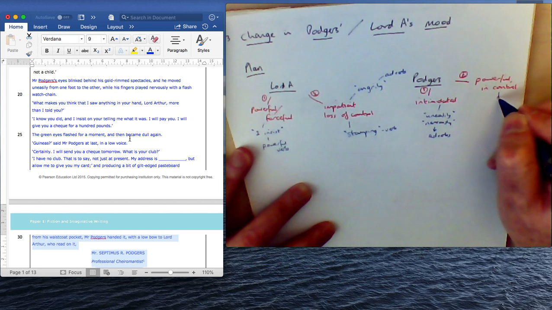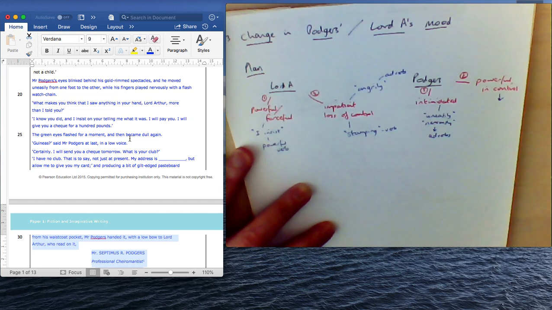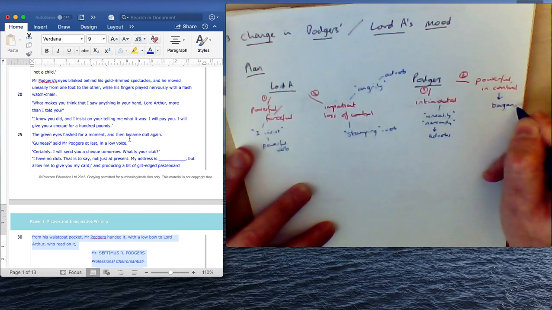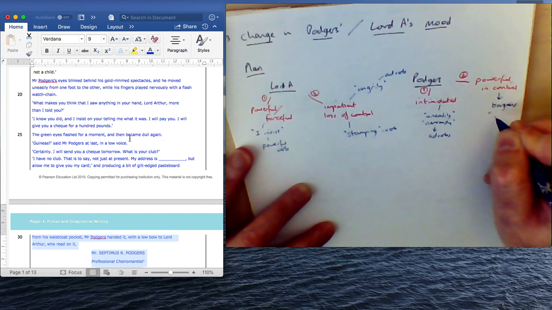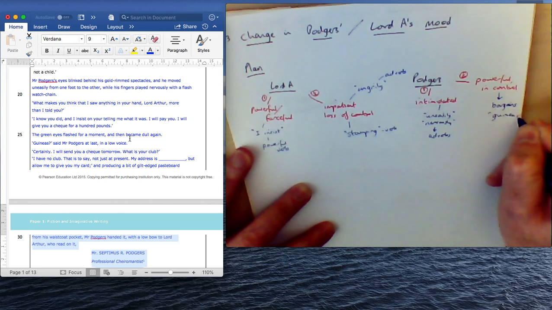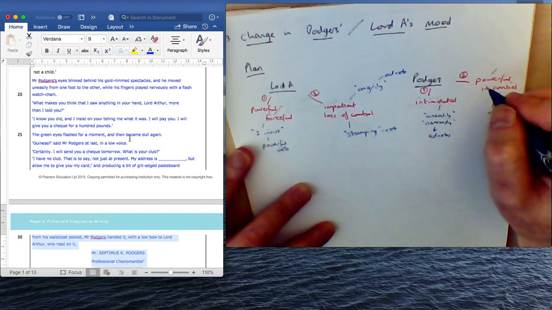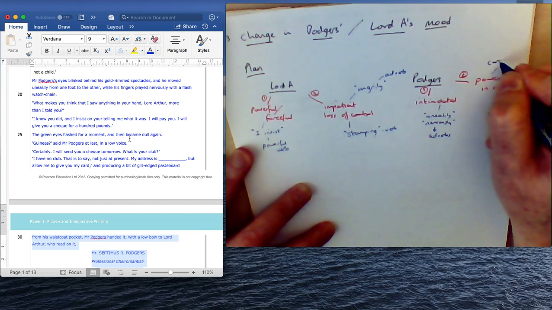However, towards the end, he is much more powerful, much more in control. He begins to bargain, questioning, will he be paid in guineas? But also, later on, you've got the adverb carefully.